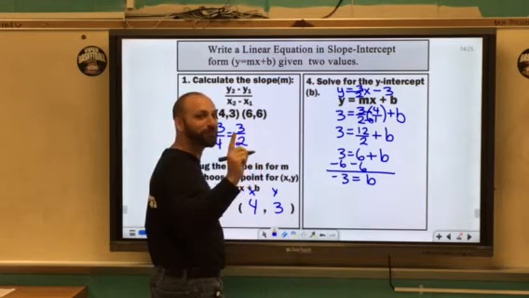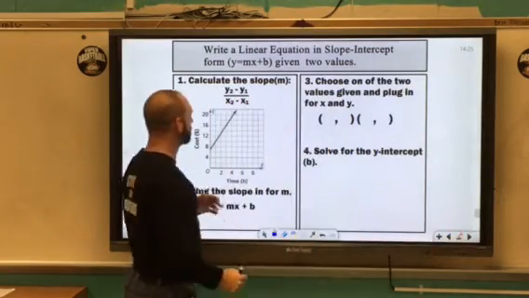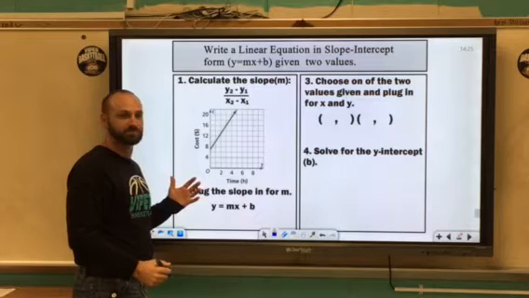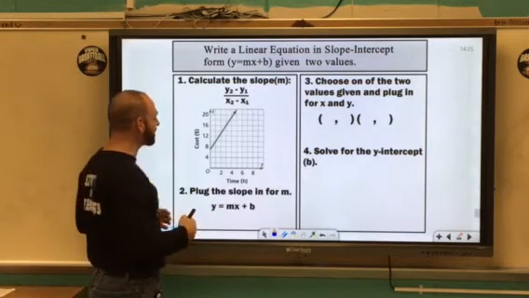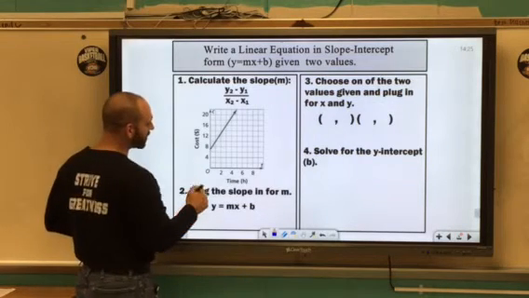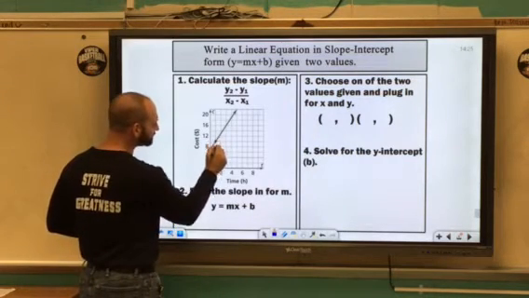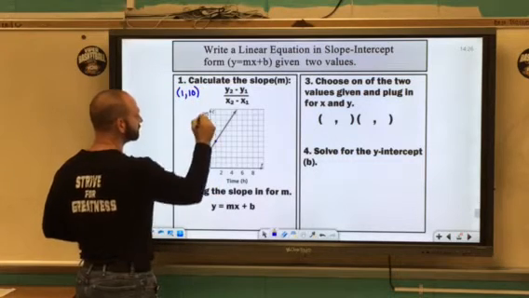You're in luck. We have one last example. This is really an application problem where now we have a graph. And so we're not given the 2 points. We've got to actually locate 2 points on the line. And so I'm going to choose this point here. That is 1, 10.